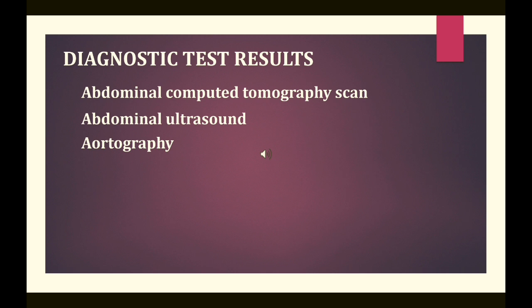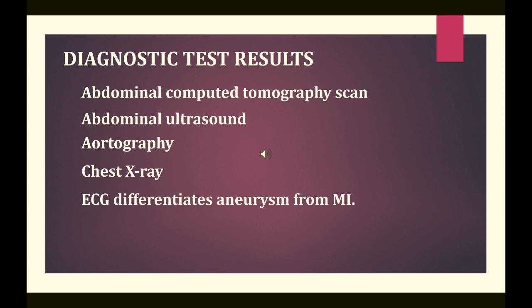However, this test may underestimate aneurysm diameter because it shows only the flow channel and not the intraluminal clot or dilated walls. Chest X-ray. Anteroposterior and lateral X-rays of the abdomen can detect aortic calcification, which outlines the mass in at least 75% of patients. ECG differentiates aneurysm from MI.